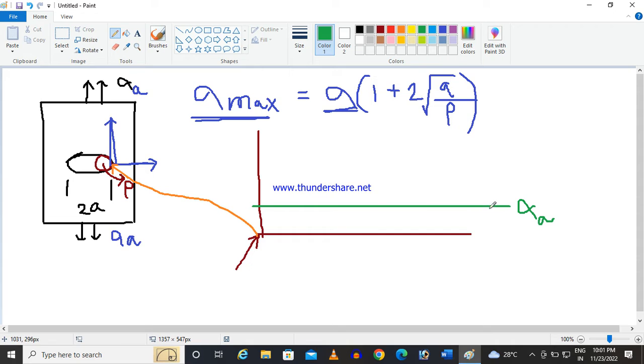So this is a constant stress we are applying on the material. But if we see at the tip, there rho tends to 0, so the stress is very high, and once you are going away, the stress will be less and it will be like this.